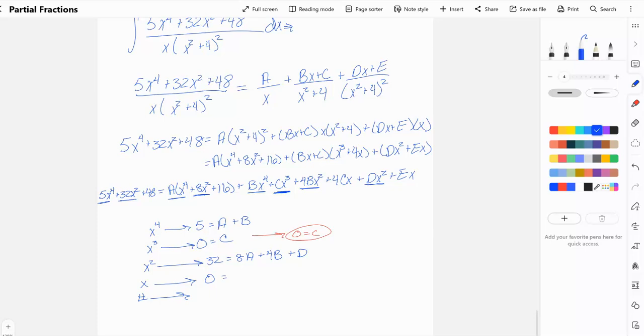That's going to be equal to 4c plus e. And we know something, right? If we know c is 0, then we know e is 0 also.